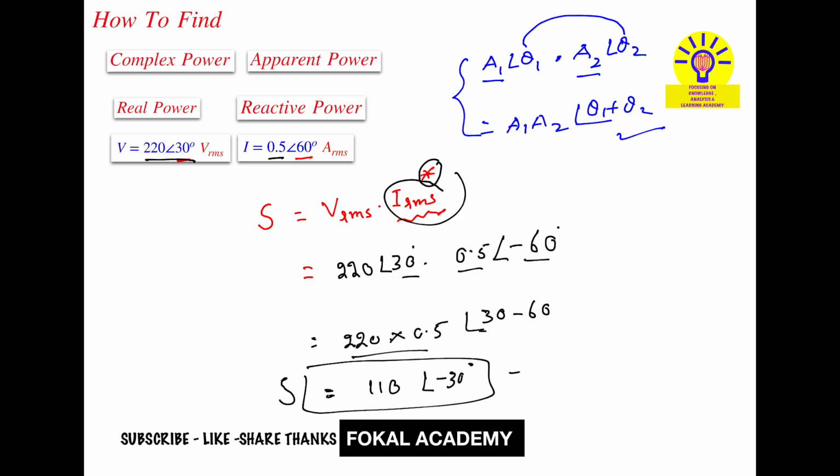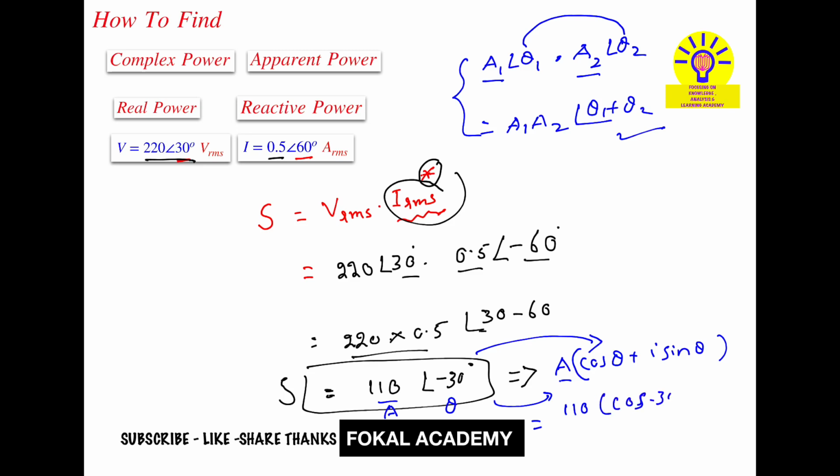So this is the complex power. Convert this complex power into complex number form, where this is the magnitude and this is the phase angle. So A into cos theta plus j sin theta. This is the conversion from phasor form to complex form. A is 110, so 110 into cos of minus 30 plus j sin of minus 30.